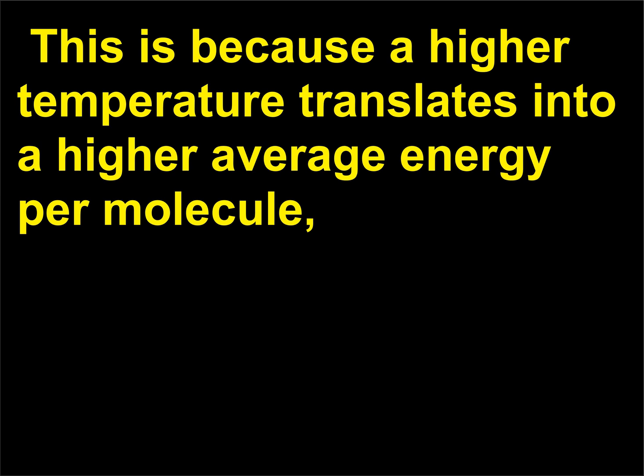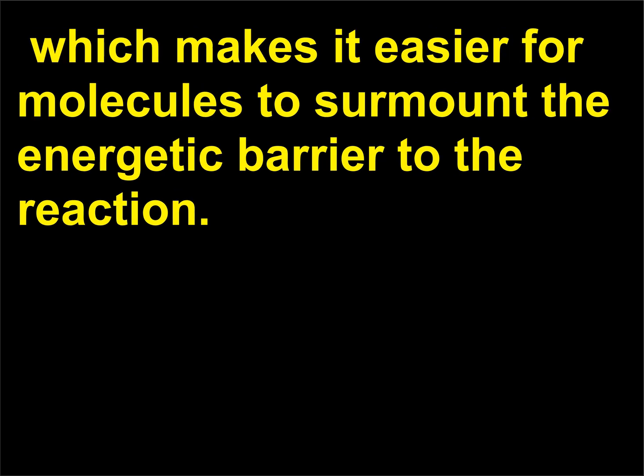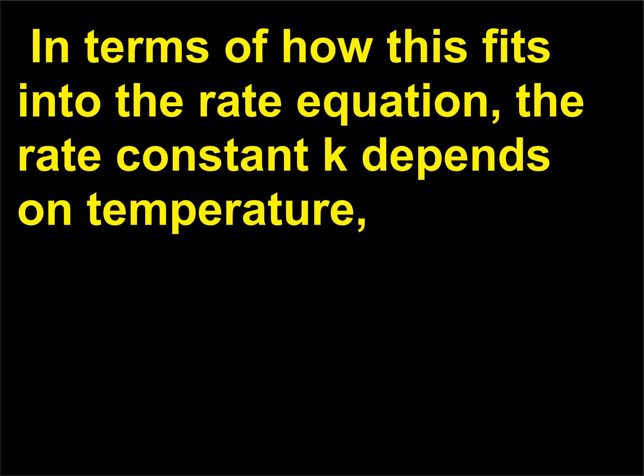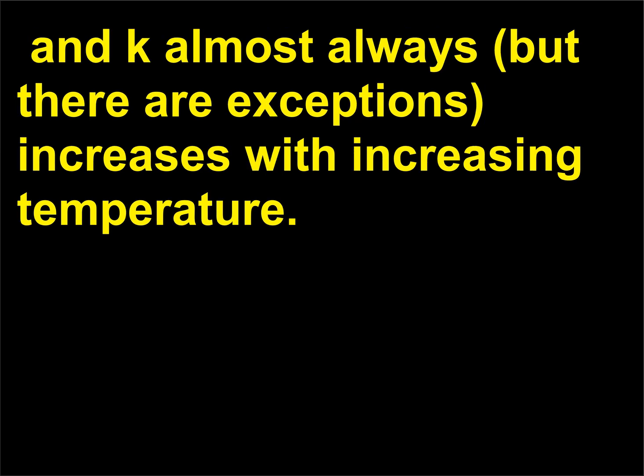This is because a higher temperature translates into a higher average energy per molecule, which makes it easier for molecules to surmount the energetic barrier to the reaction. In terms of how this fits into the rate equation, the rate constant K depends on temperature. And K almost always, but there are exceptions, increases with increasing temperature.